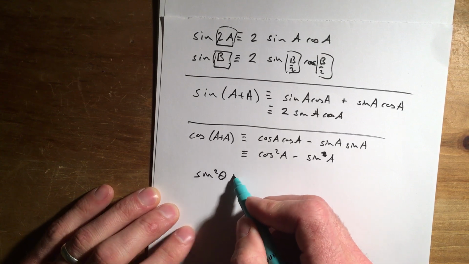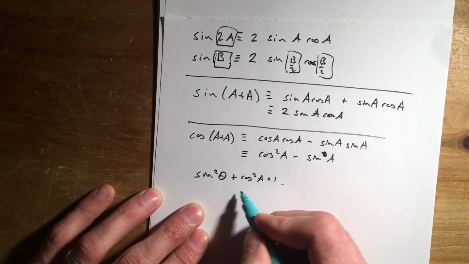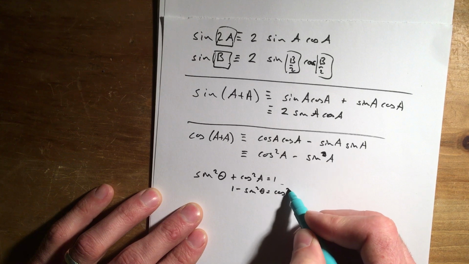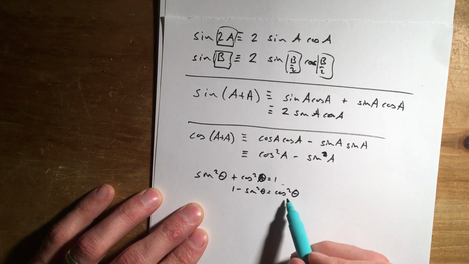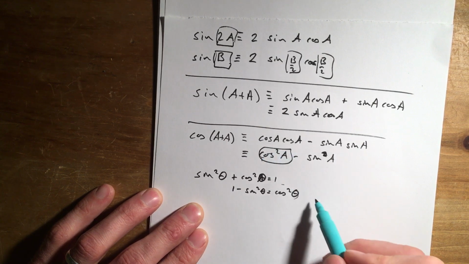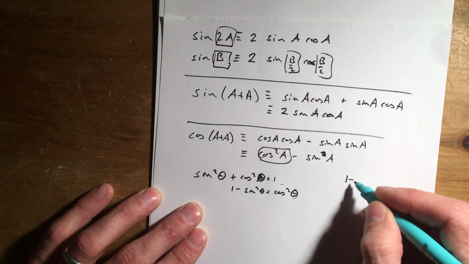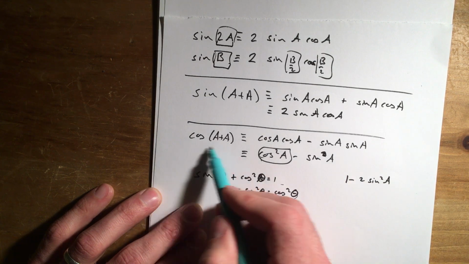Sine squared plus cos squared is equal to 1. So I can rearrange this so that 1 minus sine squared is cos squared. So if I take cos squared in here and I replace it with a 1 minus sine squared, then I get that 1 minus 2 sine squared a is also equal to cos 2a.